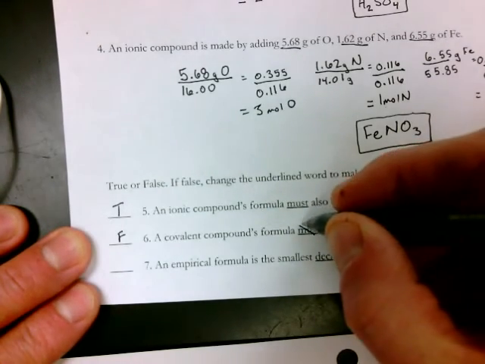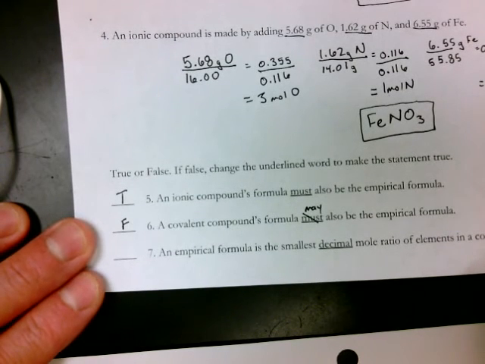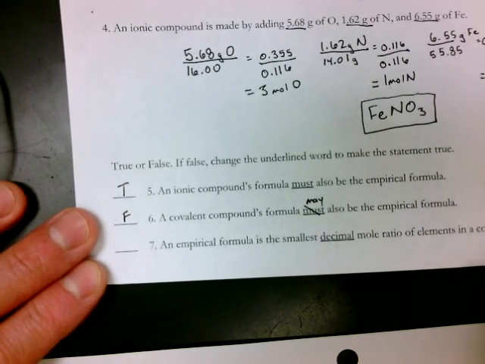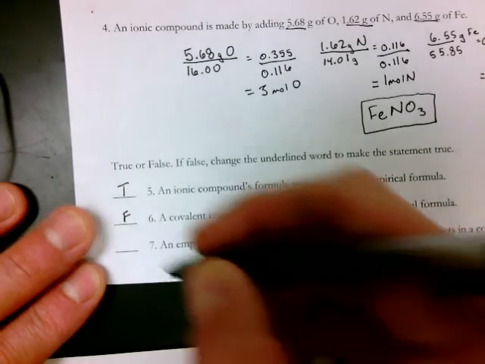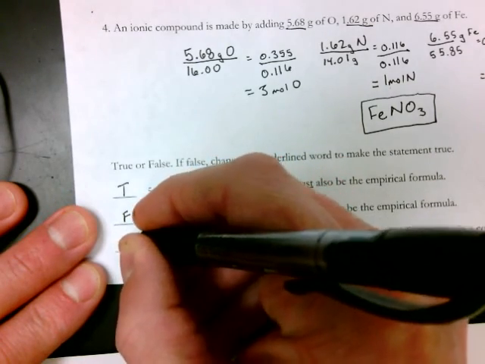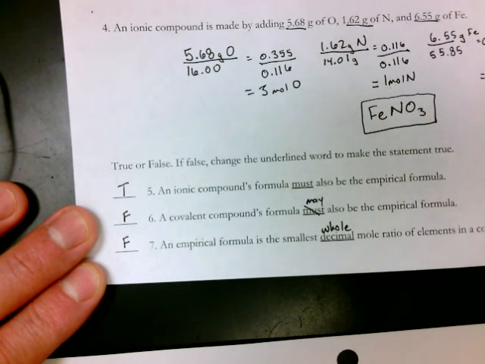We can change this to may also, or often is, but does not have to be. An empirical formula is the smallest decimal mole ratio of elements in the compound. That's false. This is the smallest, as we know, whole number ratio of elements in the compound. So those are the answers to the worksheet calculating empirical formulas.